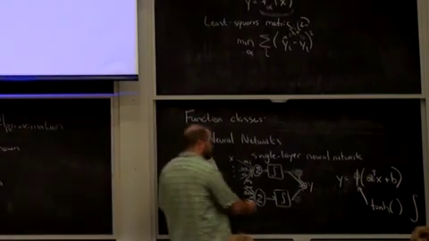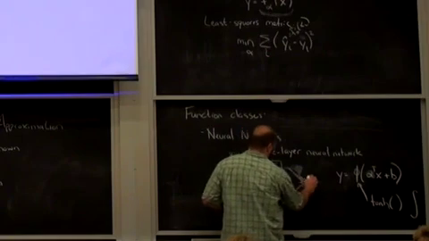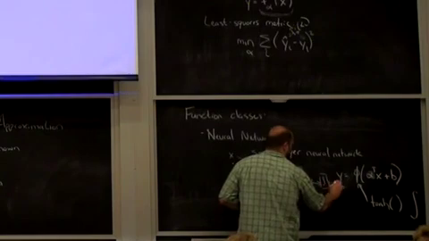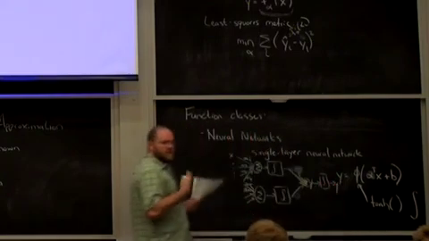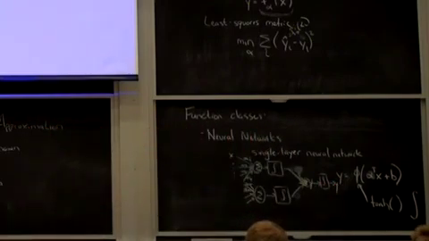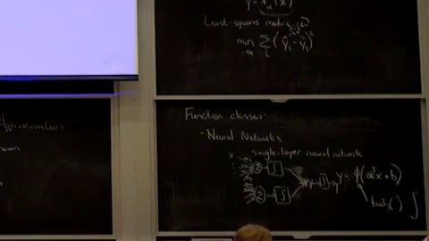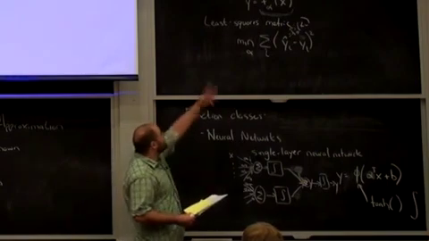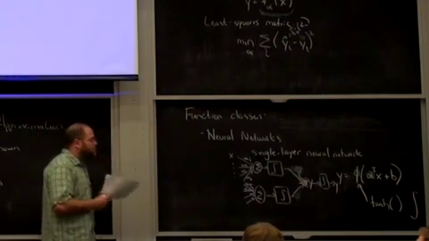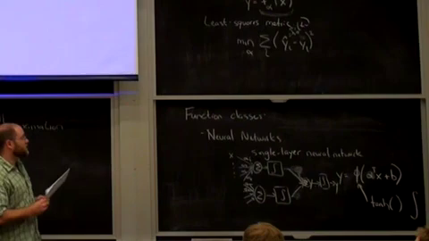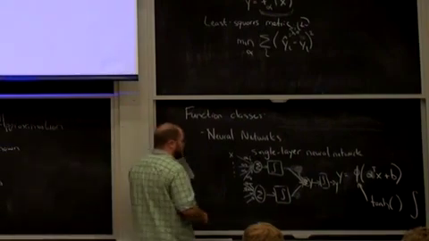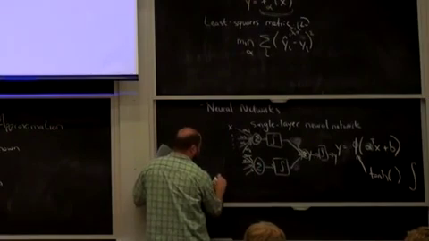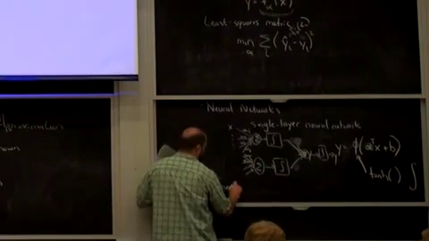And if you do this, then you can stack things up and make multiple layer neural networks. And people certainly in the 80s very strongly believed that this is a representative class of functions that maybe look a little bit like what was going on in the brain. And people know that it's a general function approximator.